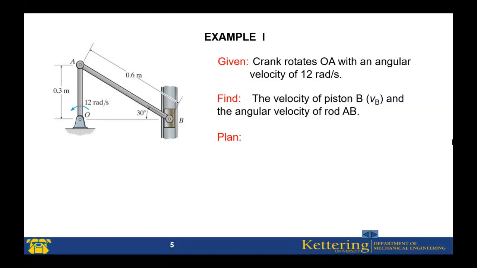Now, for this problem, the crank OA rotates with the angular velocity of 12 radian per second. We want to find the velocity of B, this piston, and the angular velocity of this link, or this rod.